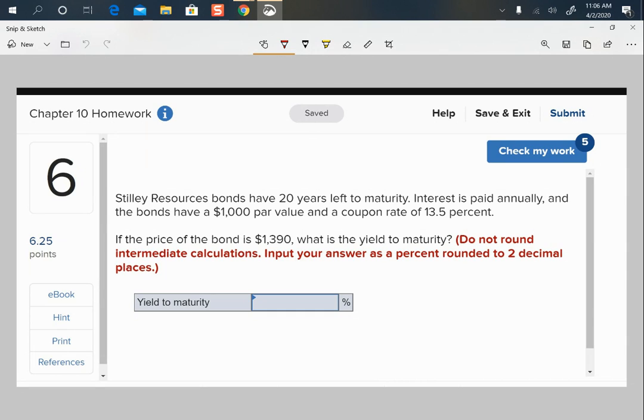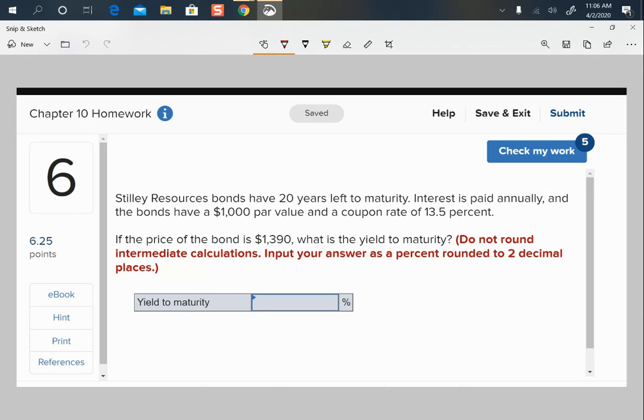Now, I want to walk through one example on how to determine the yield to maturity on a bond. So here's an example from your homework. You've been told there's a company that has bonds, and they still have 20 years to maturity.